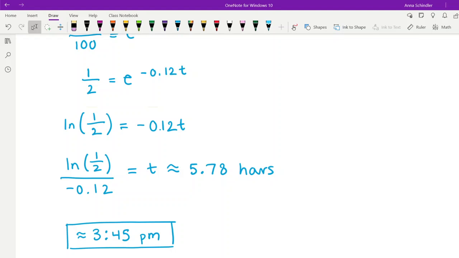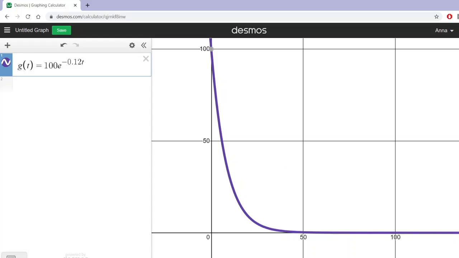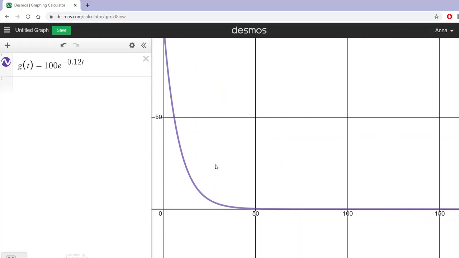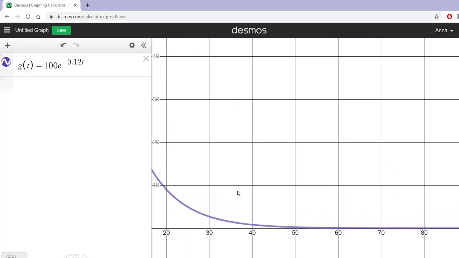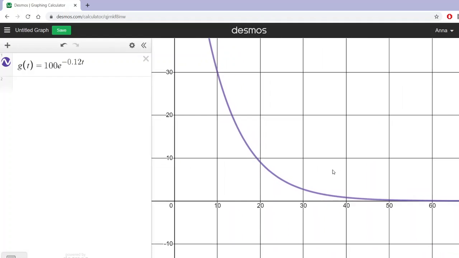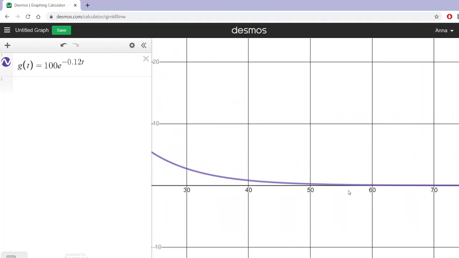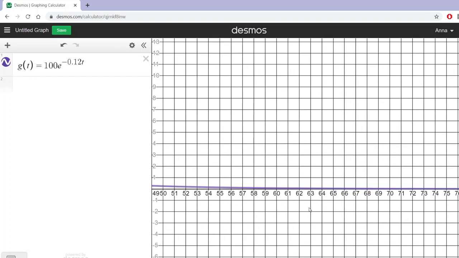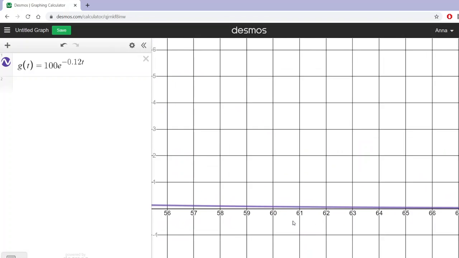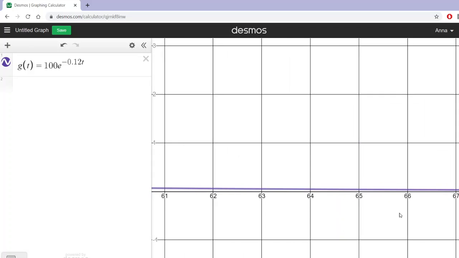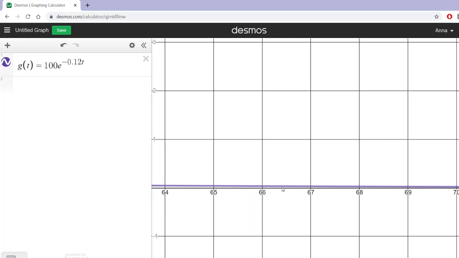So one thing I just want to show you about this graph, and that is just about exponential decay in general, that I think is kind of interesting, is we have a horizontal asymptote at 0, right? And so what that means is that as far as you go into the future, according to this function, the amount of caffeine is actually never going to hit 0. Now, whether that's accurate or not is kind of hard to determine, because by the time this graph is so close to the x-axis, you wouldn't even be able to detect the amount of caffeine in your system.